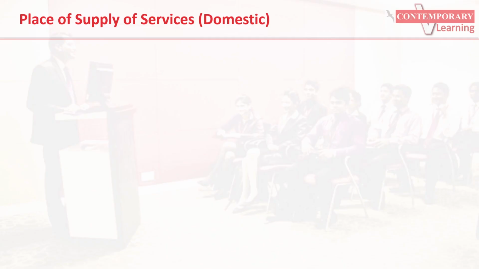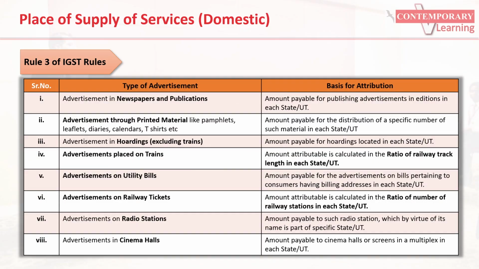Let me walk you through the specific apportionment methods under Rule 3 of IGST rules. Each type of advertisement has its own logical basis for distribution. For newspapers and publications, the apportionment is based on the amount payable for publishing advertisements in editions in each state or union territory. So if you pay Rs 50,000 for a Delhi edition and Rs 30,000 for a Mumbai edition, the tax gets distributed accordingly.